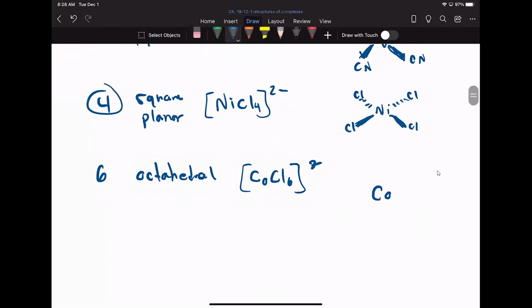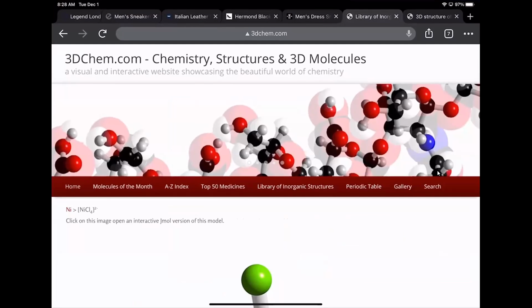Where we'd have our central atom, 2 going back, 2 coming forward, fluorine all around, right? And represented. So let's look up cobalt chloride here.